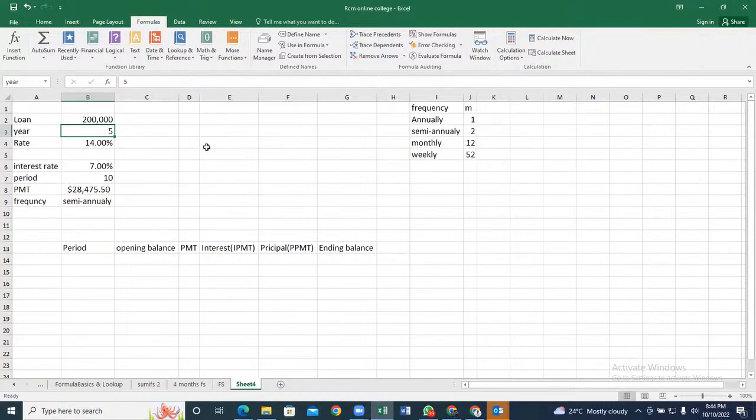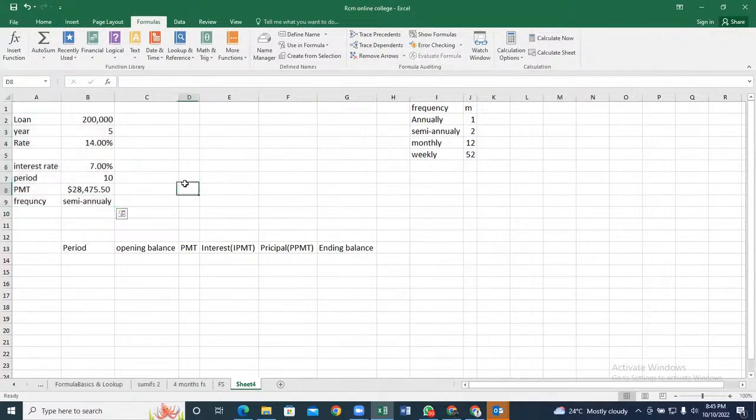I want you to confirm to me if we are going to repeat. I believe the only part that is bringing a problem is how to automate interest rate and period. That's where you have an issue. The other parts are okay. How to create or define the name of the cell, I believe you know that.